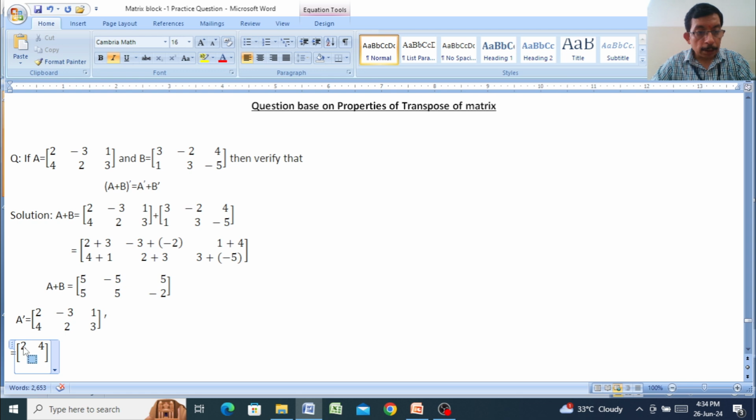Second column minus 3, 2 is replaced by the row minus 3, 2.